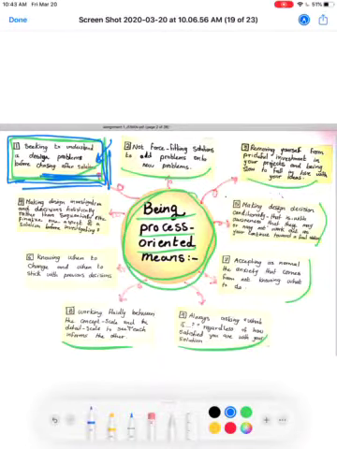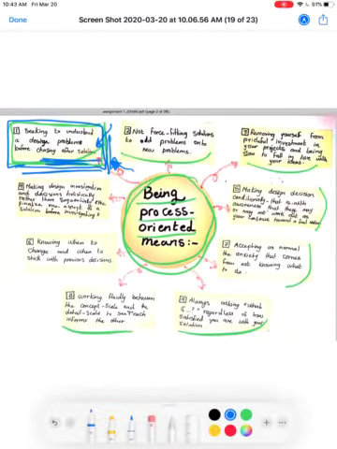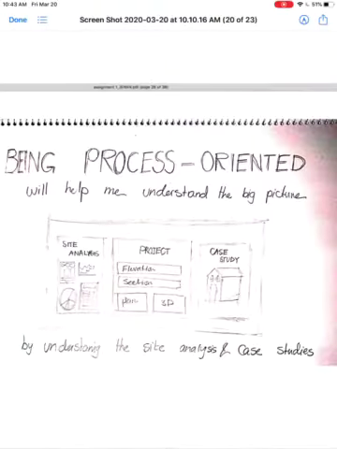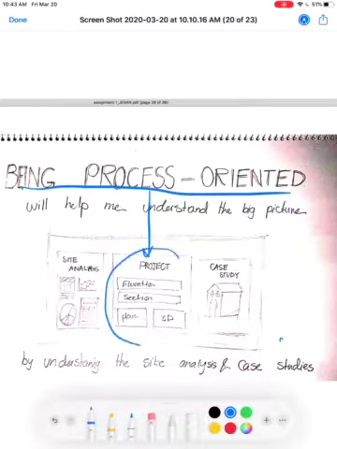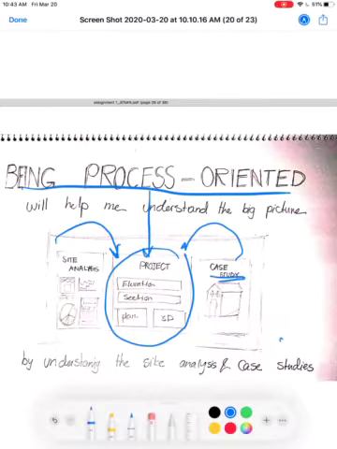Then you can try to investigate and make decisions about the solutions or the analysis that you have done previously. Again, the same thing. To be process oriented, we need to do a project. For this project, we need the help of the case studies and the site analysis, and of course the first assignment, that is this one that we are seeing here.